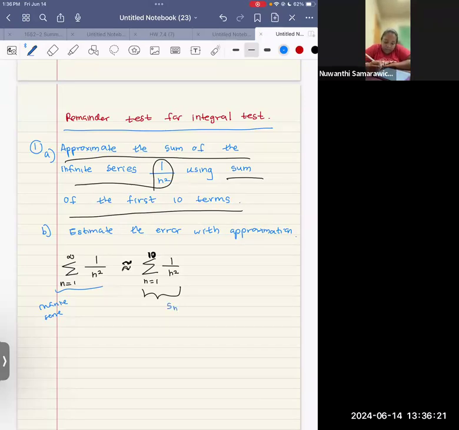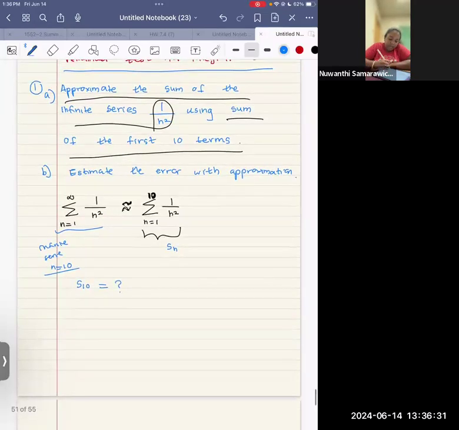So the question asked is, when n is equal to 10, you have to find S sub 10. What does S sub 10 mean? That means you add all the first 10 terms, that is a1, a2, a3, like that, up to a10.